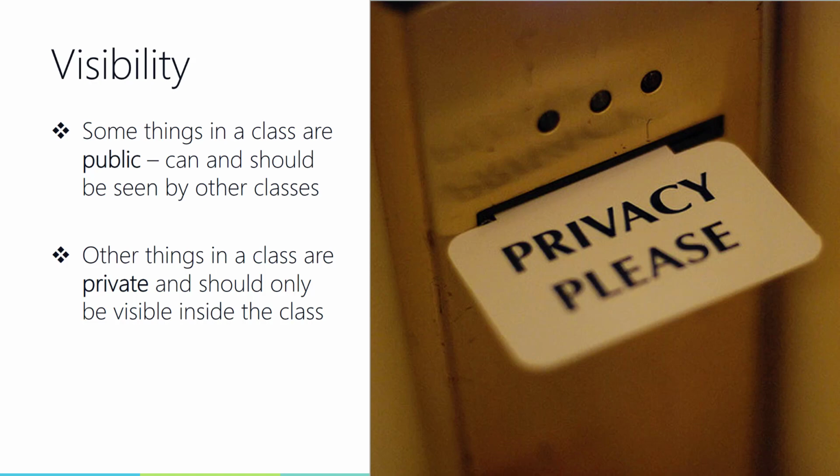If you mark something as public, it means anyone can access it. It's open to the public, everyone can see and access it. Whereas if you mark something private inside of a class, then only the class itself can see it. People that are outside of that class cannot see it. And I'll show you an example of that in a little bit.